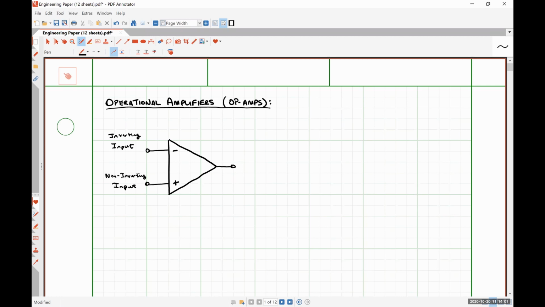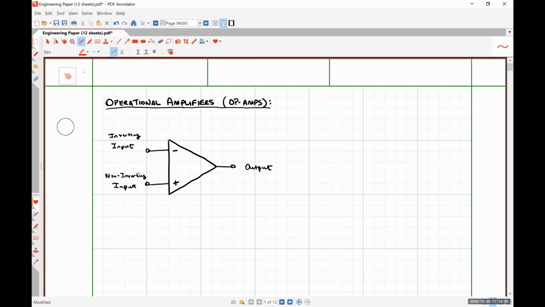The inverting input pin is denoted by the minus sign, and the non-inverting input pin is denoted by the plus sign. We also have an output pin over here on the right-hand side. So this is our first example of a three-terminal device, except that it's actually much more than that.